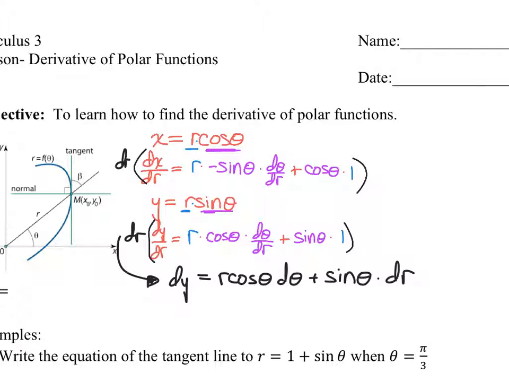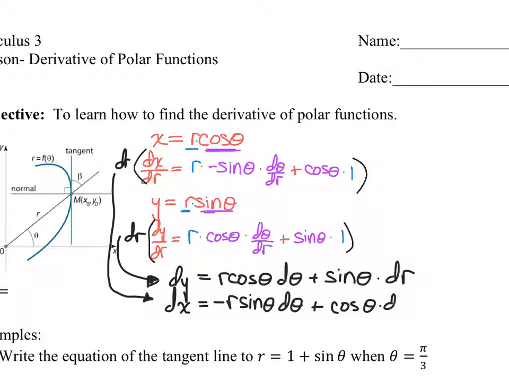It's going to be the same idea for the dx. So dx is going to be equal to negative r sine theta d theta plus cosine theta times dr. All right.